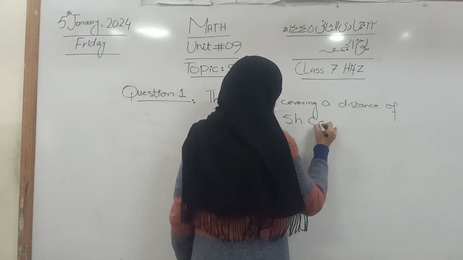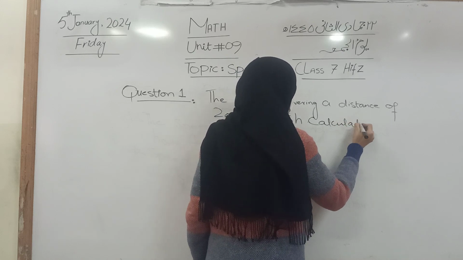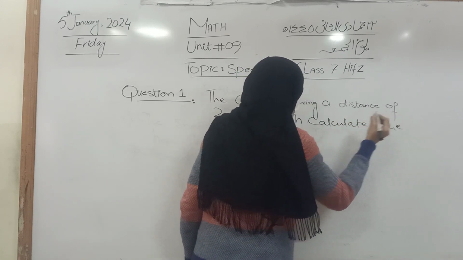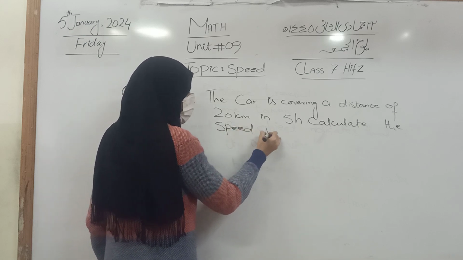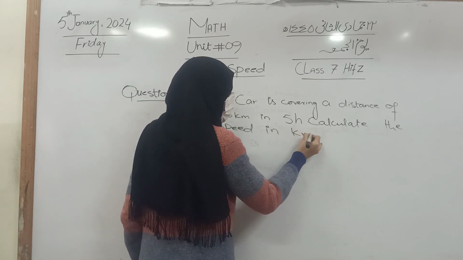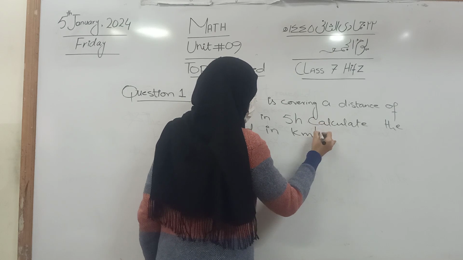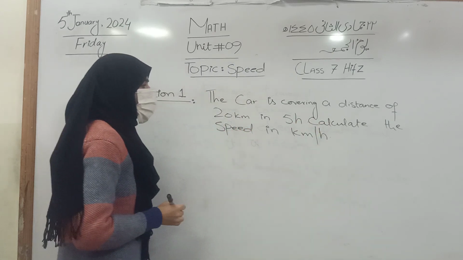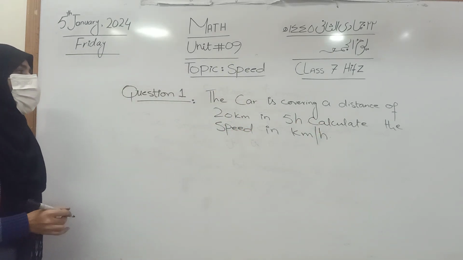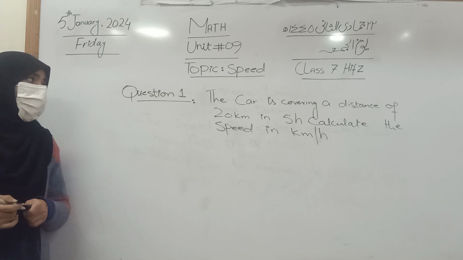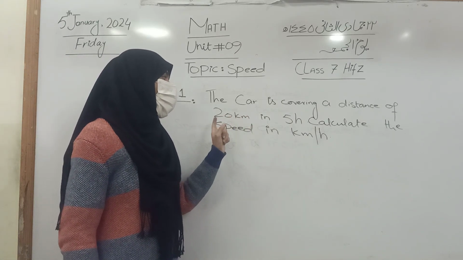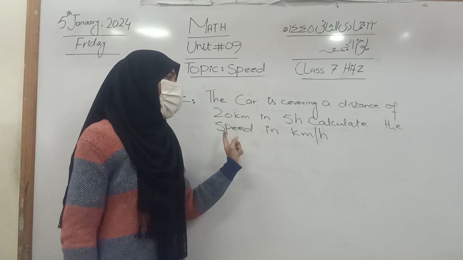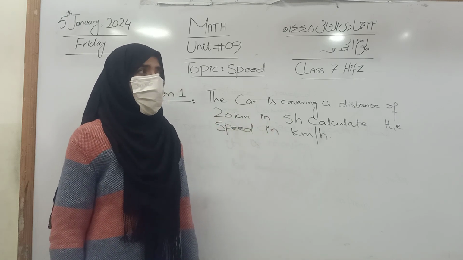Calculate the speed in kilometers per hour. This is the question that is given to you. The car is covering a distance of 20 kilometers in 5 hours. Calculate the speed in kilometer per hour.